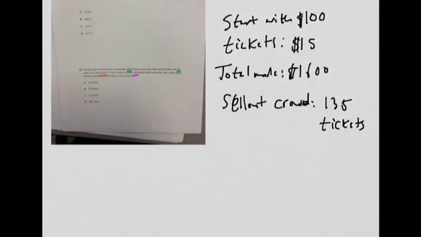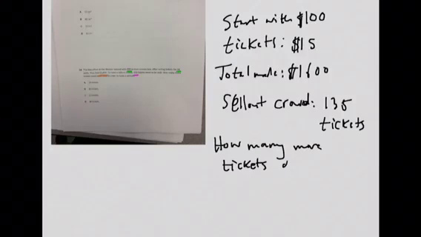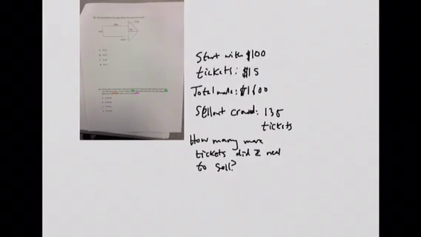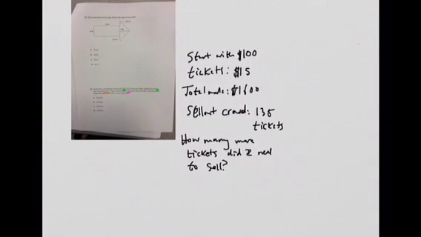So the question is, how many more tickets did I need to sell? Okay. And actually, if you want to do all of this with this problem, it might help you.